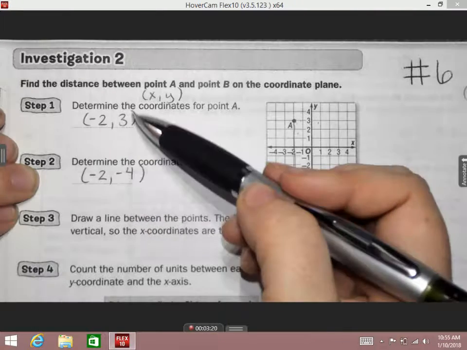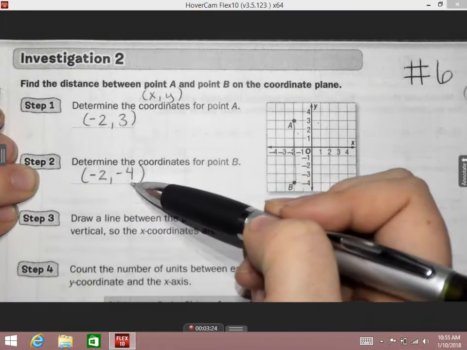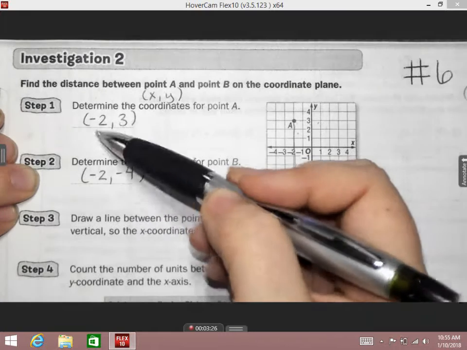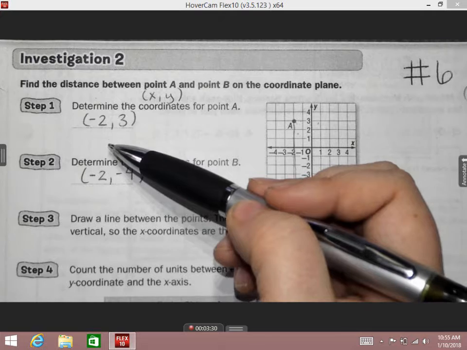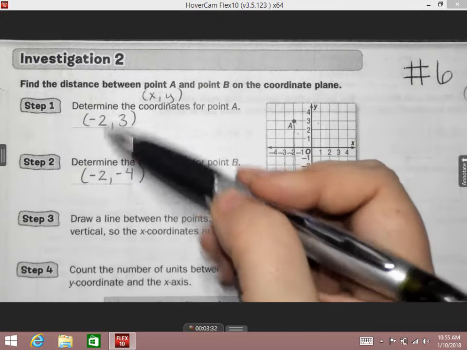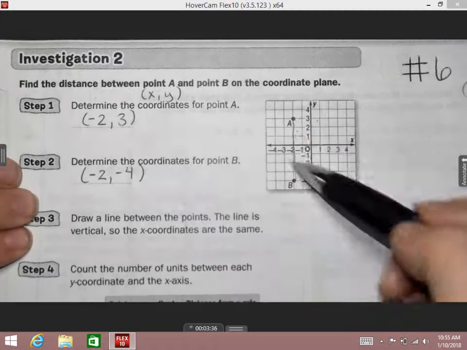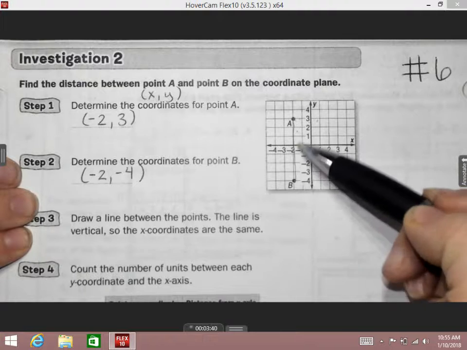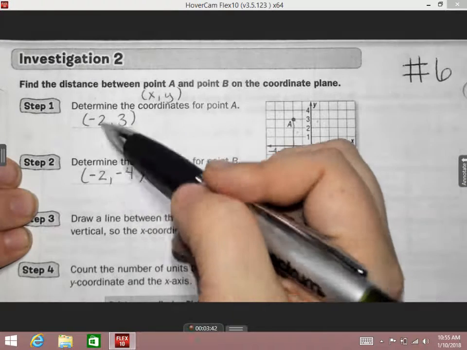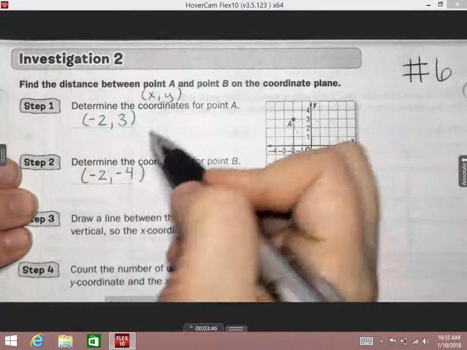If I'm wanting to find the distance between (-2, 3) and (-2, -4), if I look at these -2's, does that help me find how far is in between them? No, because aren't the -2's the exact same? Yes. Okay, which is important because look, if I draw my line, what does it go through? -2. So that -2 is important for graphing, but is that -2 going to help me find the distance? No, because it already matches.